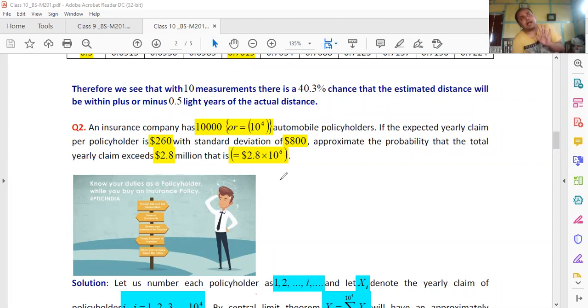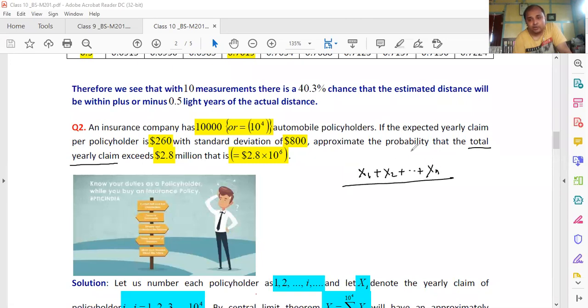I think this particular problem will not require much discussion, because you can understand why it is a problem of the central limit theorem. I can only give you a hint. Look at the words total yearly claim. If you consider the claims of a person to be the variable xi, the total yearly claim will be x1 plus x2 plus dot dot dot plus xn.